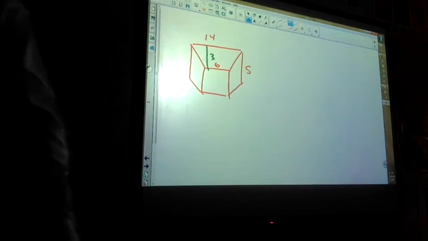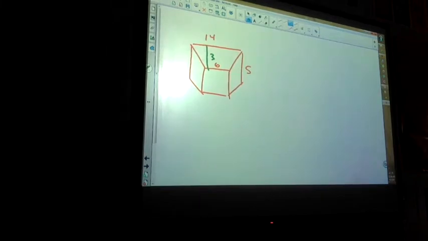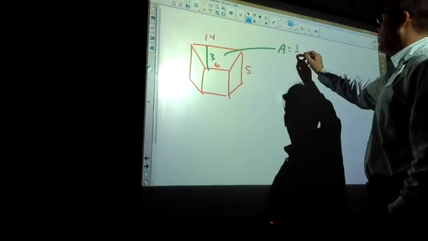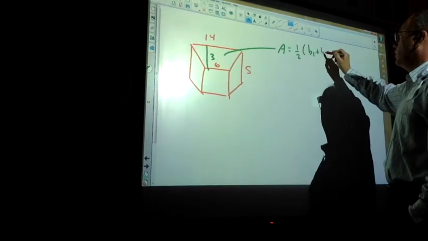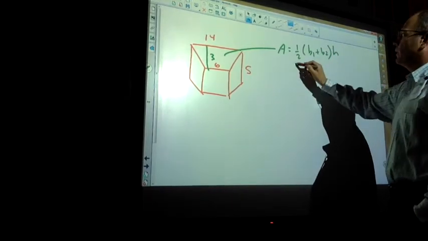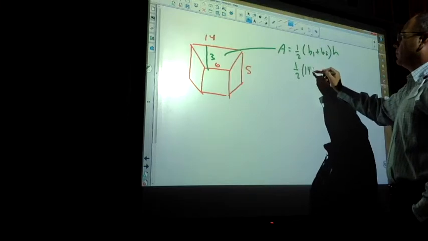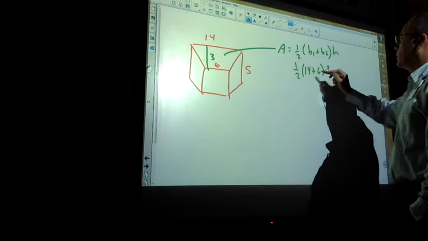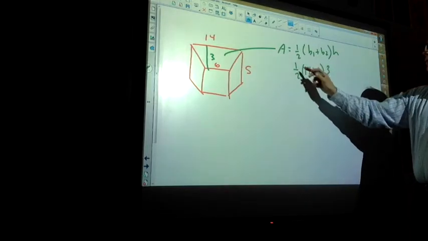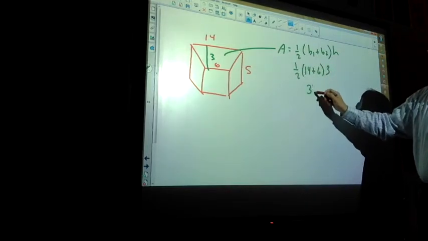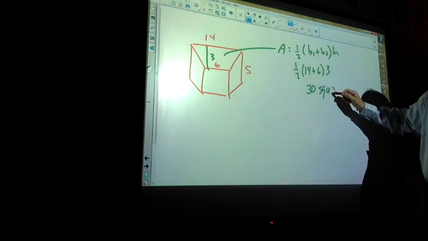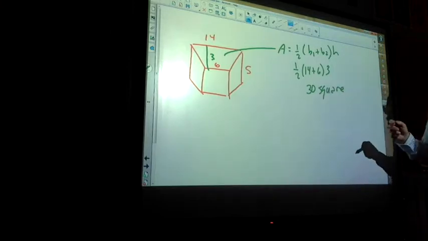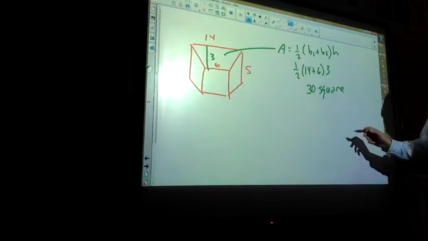So how would I find the volume of this? If I found the area of the trapezoid on top, so area of the trapezoid is 1/2 base 1 plus base 2 times height. So that's what, 20, half of 20 is 10, 10 times 3 is 30. So 30 square units is the area of the base.